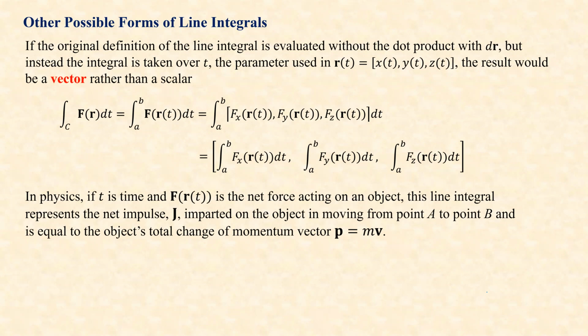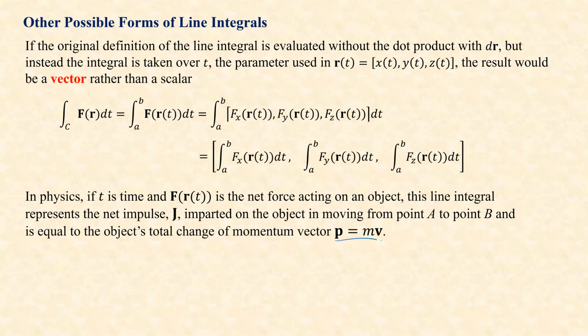In physics, if t is time and f of r of t is the net force acting on an object, this line integral represents the net impulse. We call it impulse, with the notation J. It is the impulse imparted on the object in moving from point A to point B, and is equal to the object's total change of momentum vector.